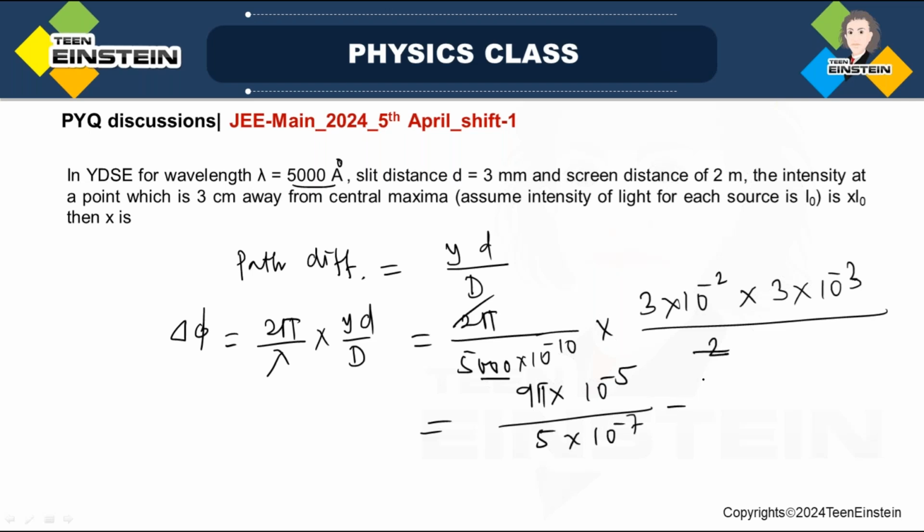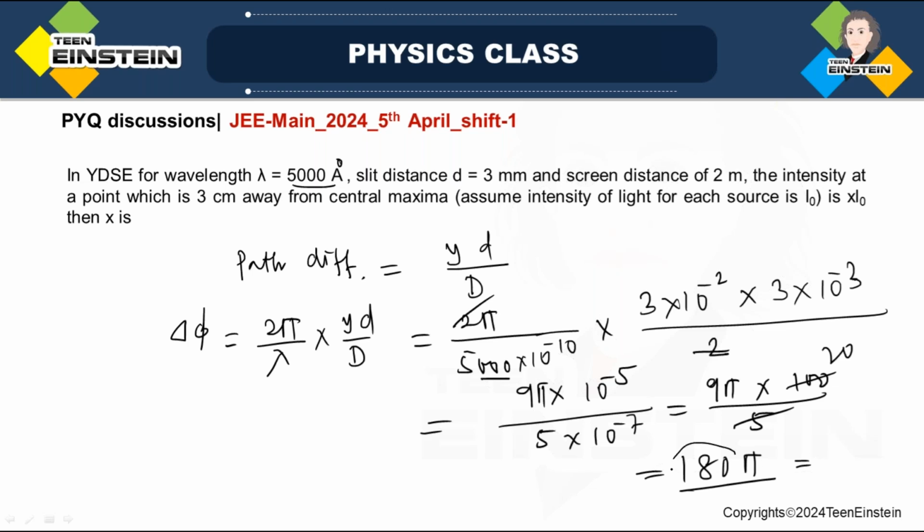So 9 pi into 100 divided by 5 will give you 20. So what I get is 180 pi. So what is this 180 pi?